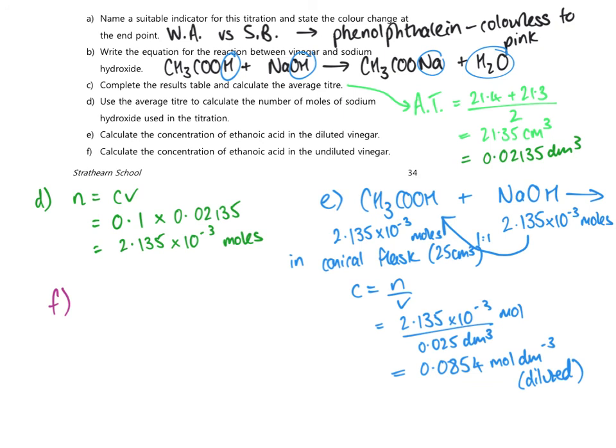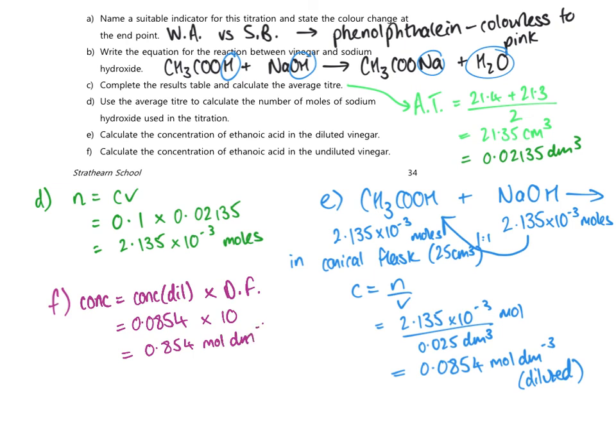So really, when you're working out the concentration of your undiluted, it's really the diluted times by your dilution factor. So if you wanted to abbreviate it, it's the concentration of your diluted sample times by the dilution factor. So our diluted concentration was 0.0854 moles per decimetre cubed times by the dilution factor, which is times by 10. And that gives us a concentration of 0.854 moles per decimetre cubed.